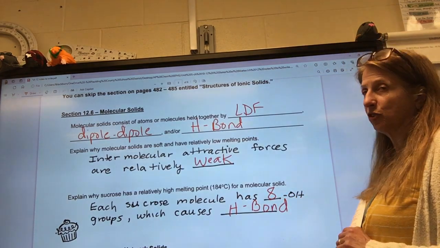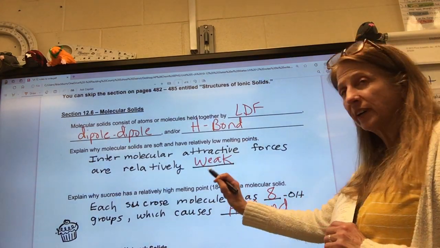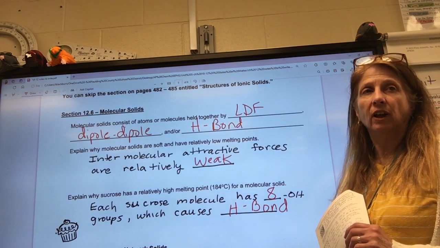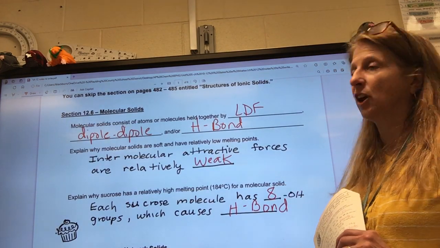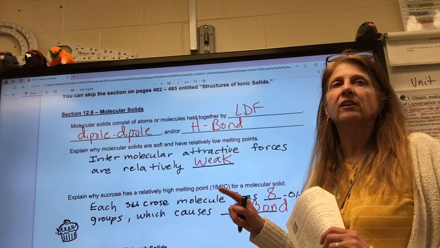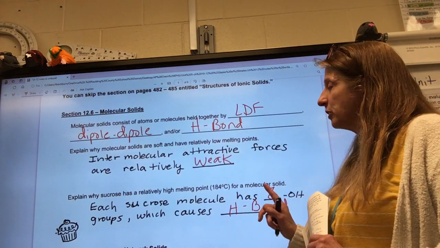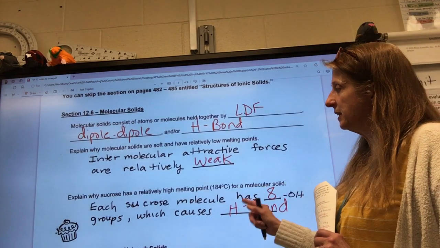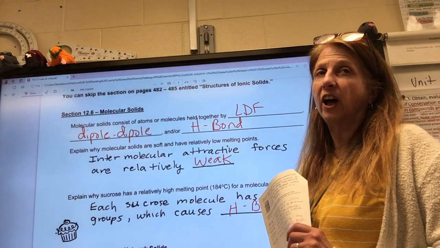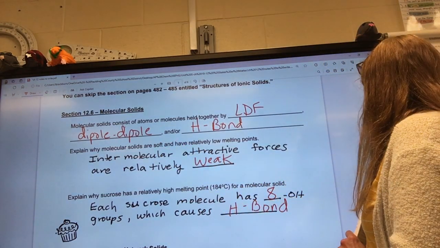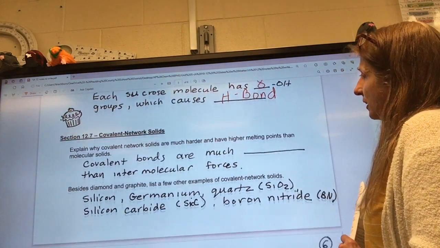So 8 hydrogen bonds is a bunch for every single molecule, and that gives it that crystal look, where it looks like salt, but it's not. Which one dissolves in water fast? The salt, not the sugar. Which one melts? The sugar, not the salt. So it's still a molecular solid, but it can fool you because it's got so many hydrogen bonds.